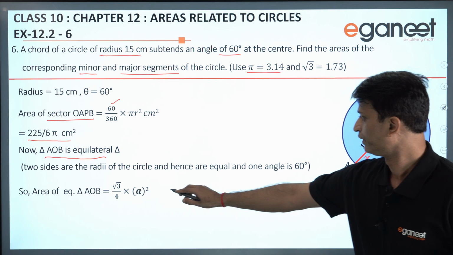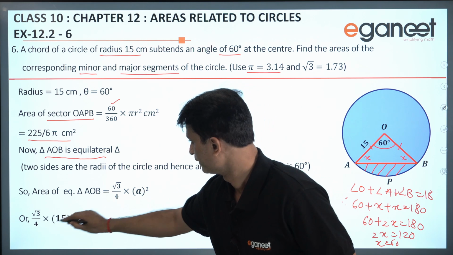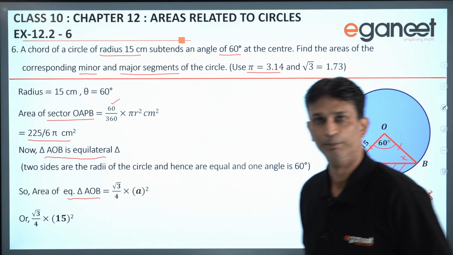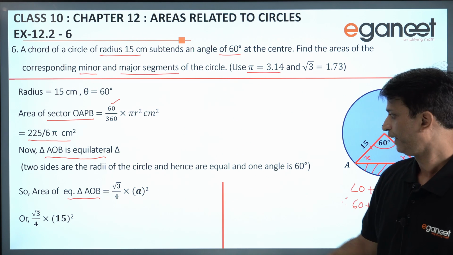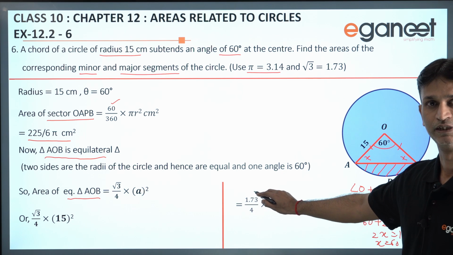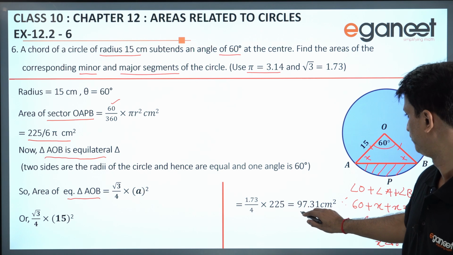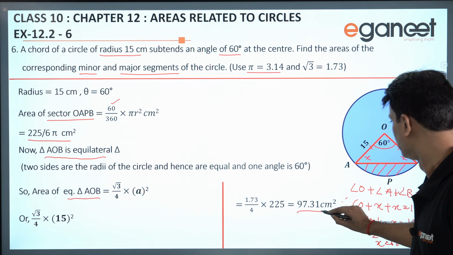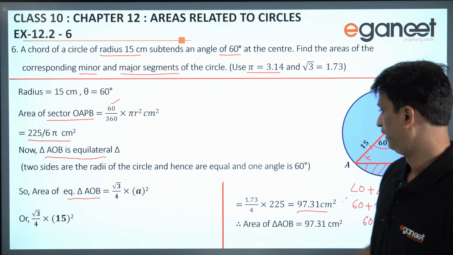On substituting the values of side, we get the area of equilateral triangle AOB as root 3 by 4 into 15 square. On putting the value of root 3 as 1.73 and solving, we get the area of equilateral triangle as 97.31 centimeter square.